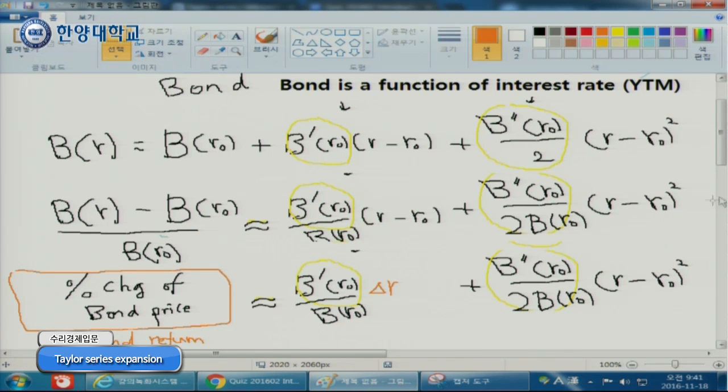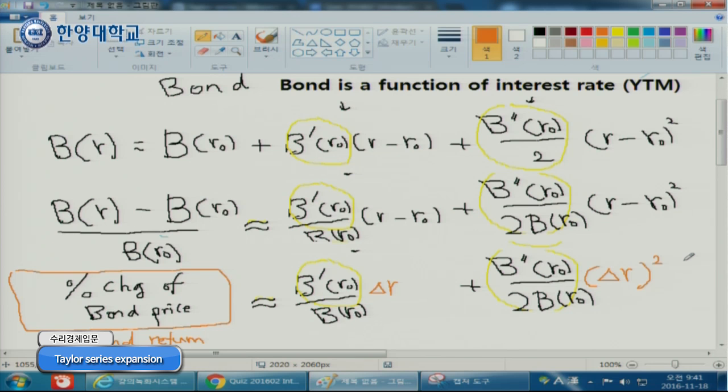So delta R square. Right? Delta R square. And then, therefore, if we know this one, first derivative and second derivative, we know what will be the percentage change of bond price, right?